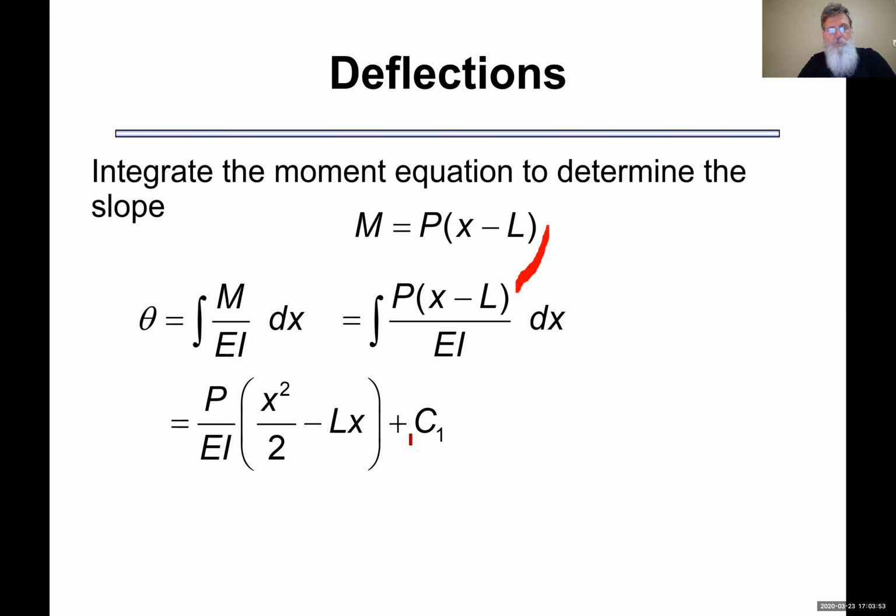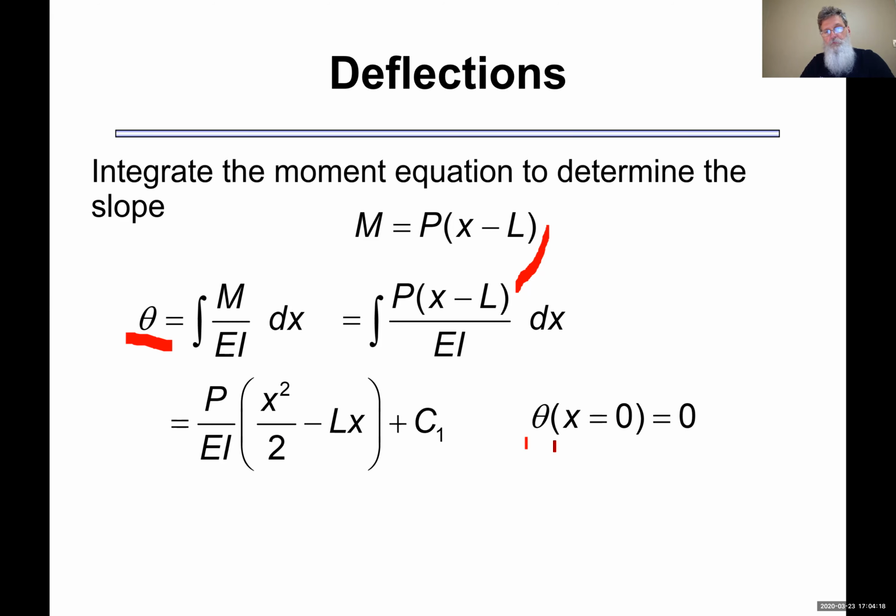So you have to ask yourself, hey, this is an equation for slope. Do I know anything about slope? And in this particular problem, you do. We know the slope at the fixed connection. And slope of the fixed connection is 0. So I'm going to use that to solve for this unknown integration constant. So I know that the slope at x equals 0 is 0.